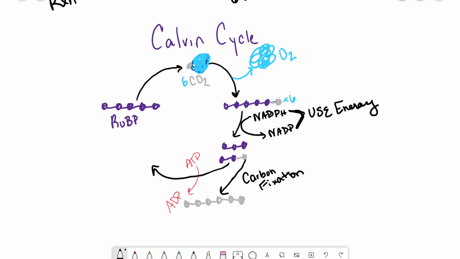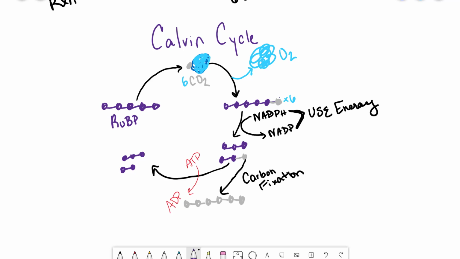What we're gonna do now is we're gonna cut that 6 carbon molecule we made into 2 3 carbons. We're then going to take the carbon from the carbon dioxide off and fix it with all the other 6 carbons that we had from the other 6 carbon dioxides. That takes some energy. So we're going to use some ATP, turn it into ADP, and in the end, we're going to get this 3 carbon compound and another 2 carbon compound in this strange configuration called G3P.